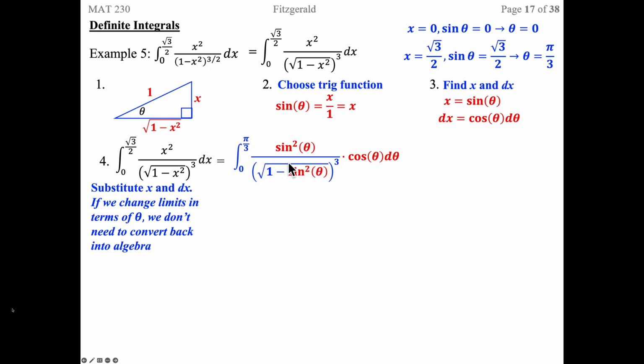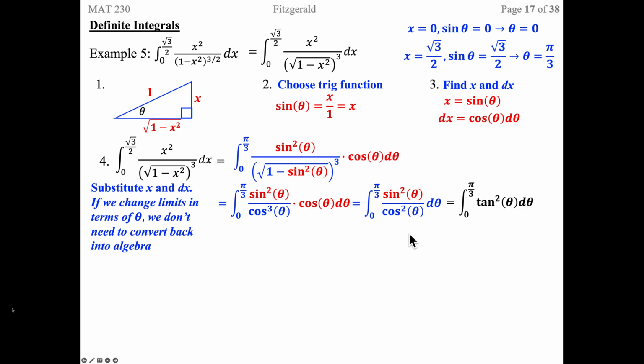Taking the square root of that will cancel out the squared. And so this will be cosine theta cubed in my denominator. Then this cosine theta with the d theta can cancel with this cosine cubed theta and make it cosine squared theta, which in turn we now have tangent squared theta using your quotient identity.